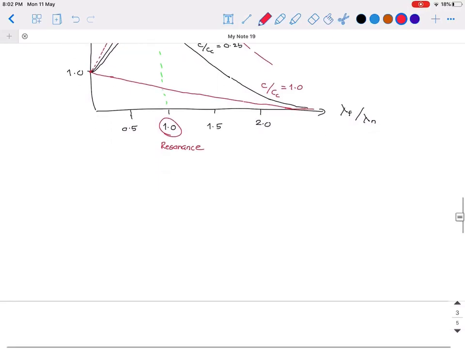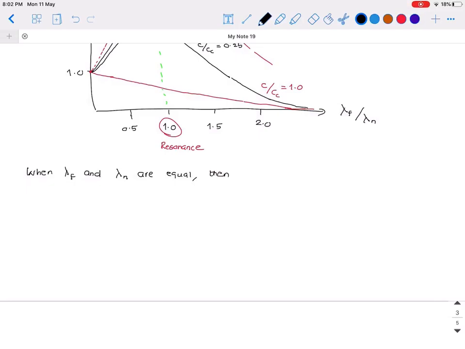It means that when the frequency of forcing, lambda f, and the natural frequency of the system, lambda n, are equal, then the oscillatory motions will have infinite amplitude.